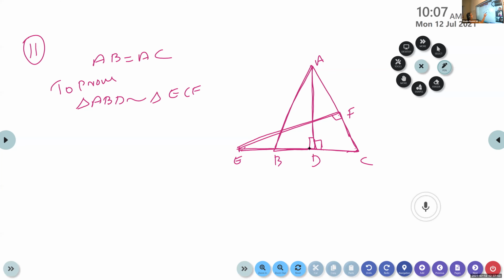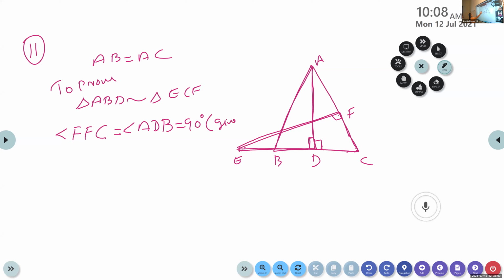If this is 90, this also is 90. Good. So we can write angle EFC equal to angle ADB, 90 degrees. It is given.